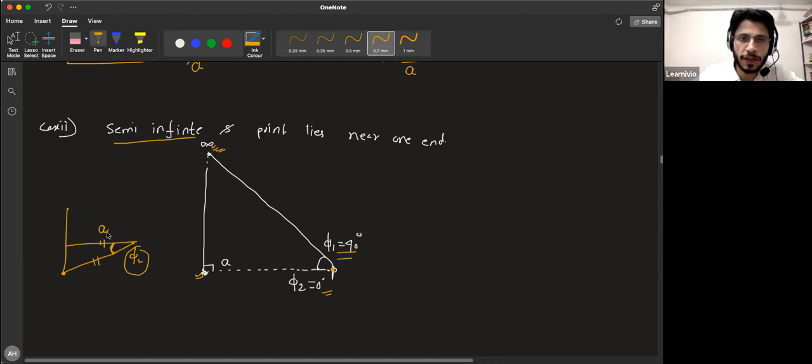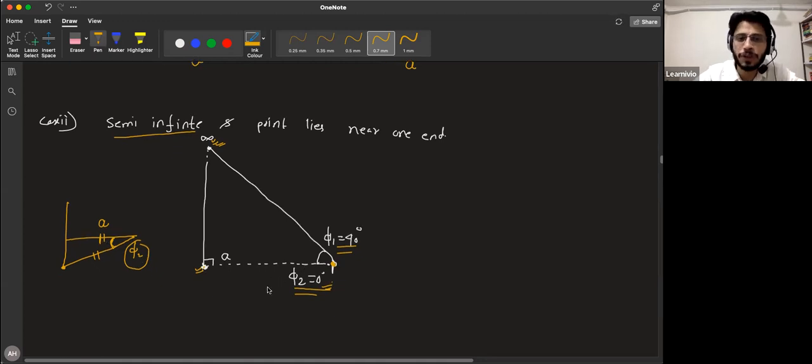If these two lines coincide, then your phi 2 becomes 0. So if the point lies near the end, that means these two lines are coinciding here. This is the line which is the perpendicular distance, and this is the same line which is connecting the end of the conductor to the point P. So here these two lines are coinciding, so your phi 2 is equal to 0.